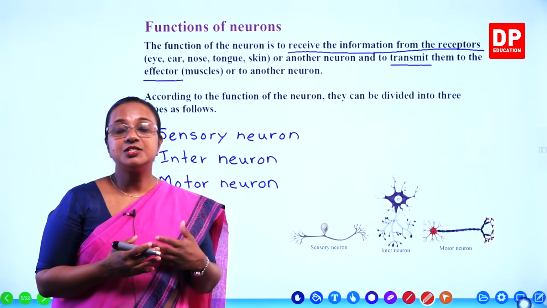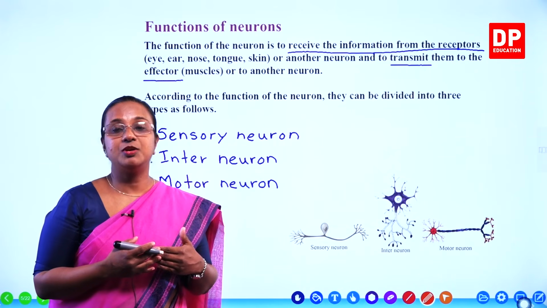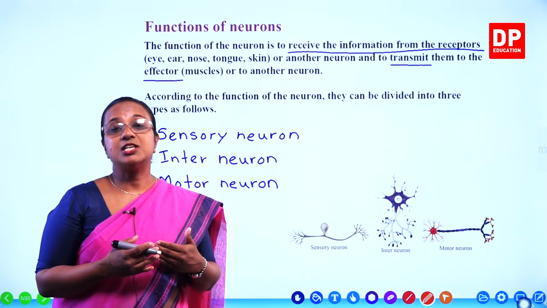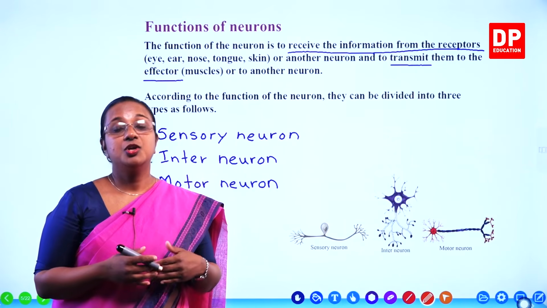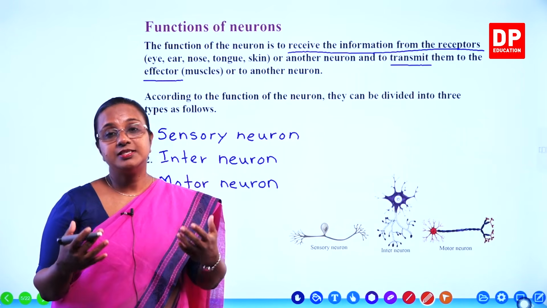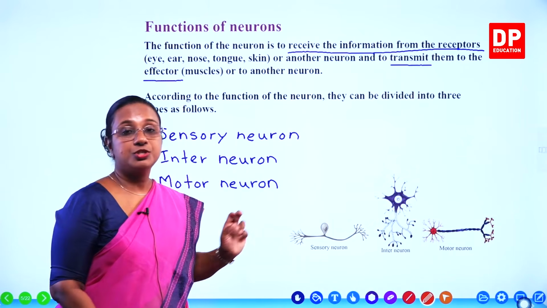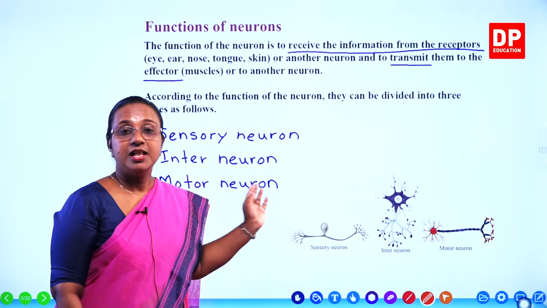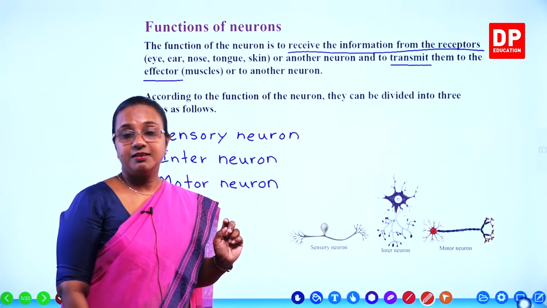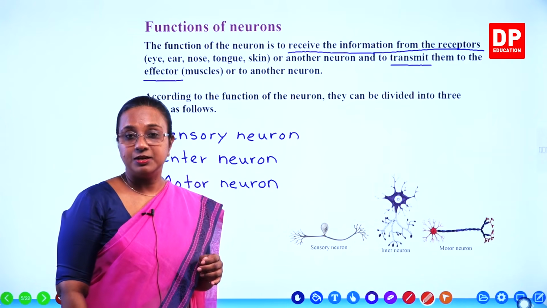When you receive a stimulus, the body has to respond to it. So that response is taken to the effector via the motor neuron. Let us look at these three neurons in a little bit more detail.